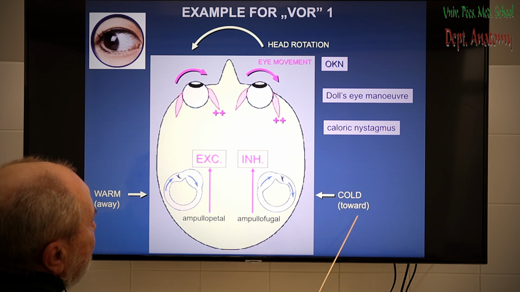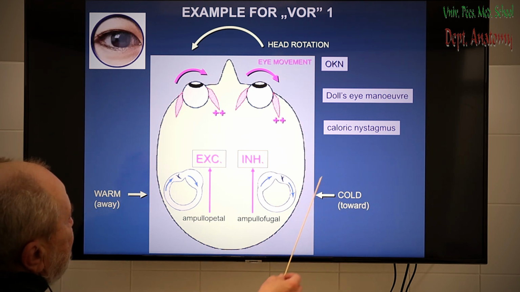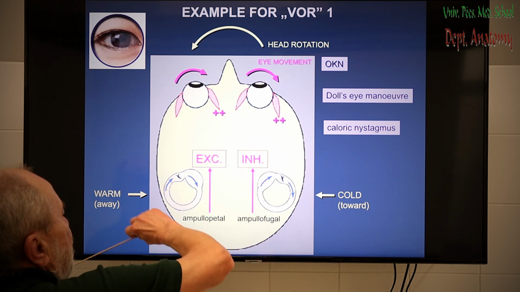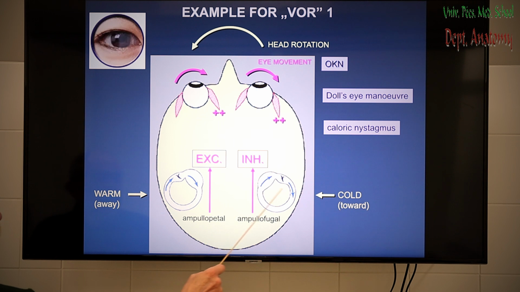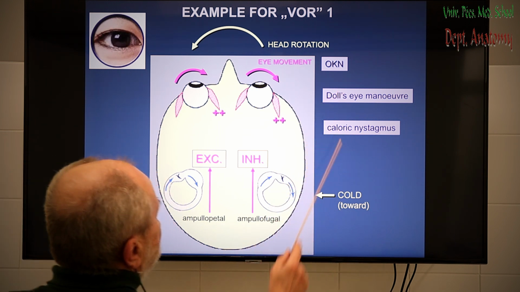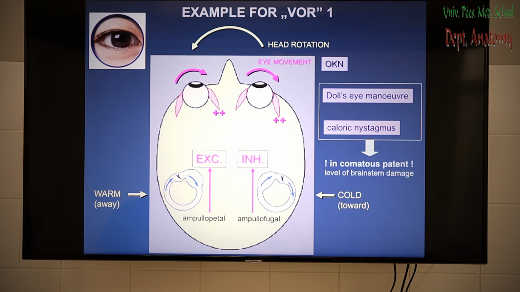When cold water is put into the external acoustic meatus, this acts the same way as movement to the opposite side, so that results in inhibition on the same side. It is important to emphasize that for these two reflexes, because these are really reflexes, no cortex of the brain is needed.